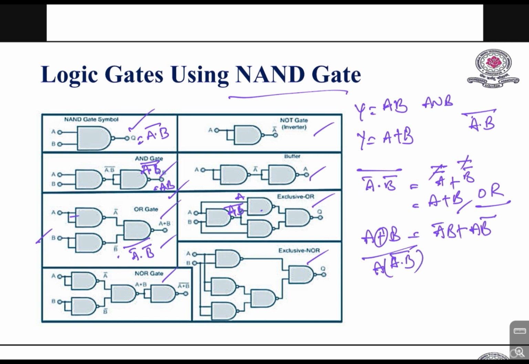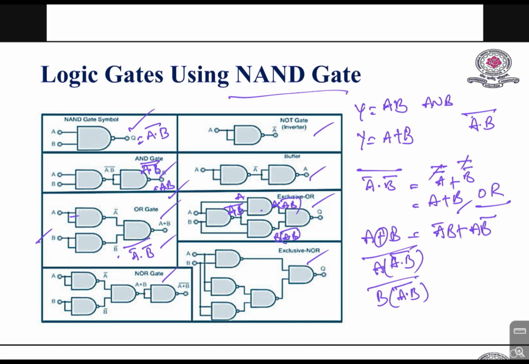And again here we have to take B dot (A dot B whole bar) and then whole bar.